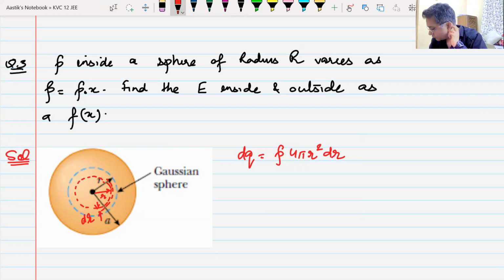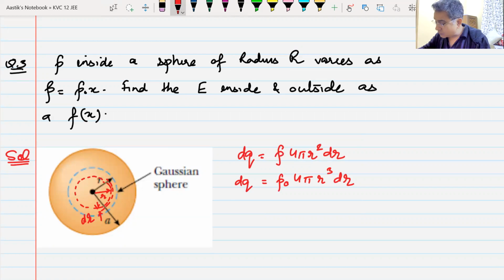So I now put the value of rho. Rho is rho naught into r. So rho naught into 4 pi r cube dr is the small charge dq.